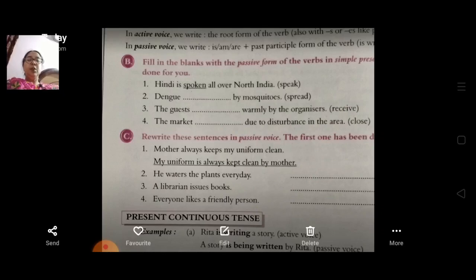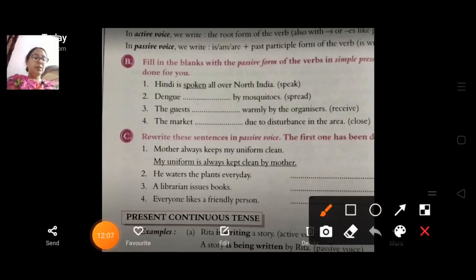Now fourth one, everyone likes a friendly person. Now friendly persons are liked by everyone.